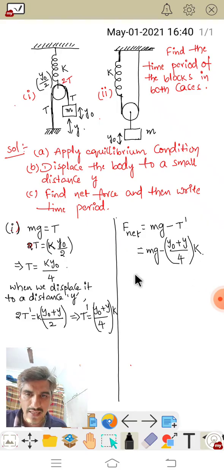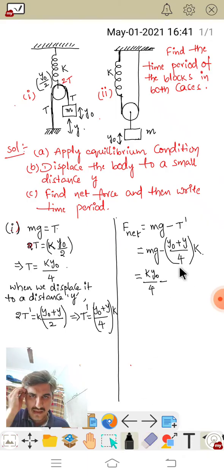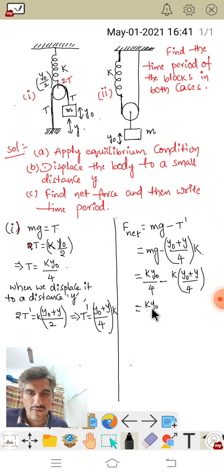Now what is mg here? mg can be written as T here. So T can be written as k into y naught by 4, no? So instead of mg I am writing k into y naught by 4 minus k into y naught plus y by 4, that is equal to k y naught by 4 minus k y naught by 4 minus k y by 4.